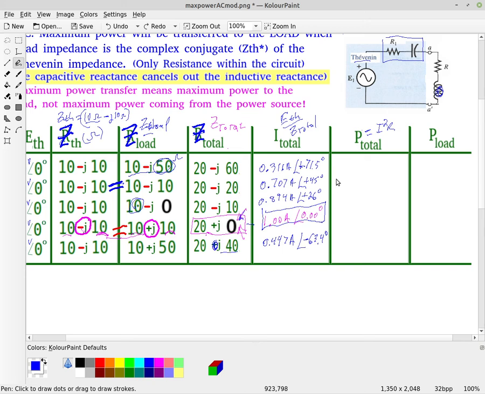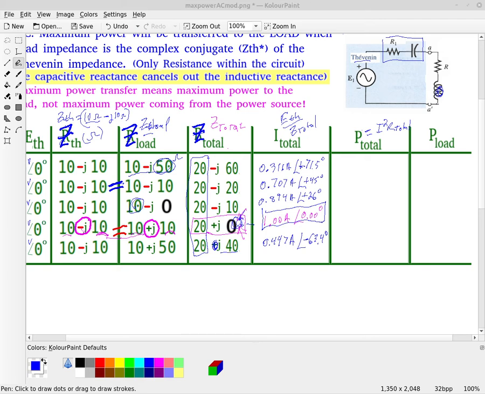All right, so if we look at the total power, it's I squared times R total. R total is given here, and in this example I'm not changing R total. I changed that in the previous video after we got the reactance to 0, or we started out with no reactances actually in that video.